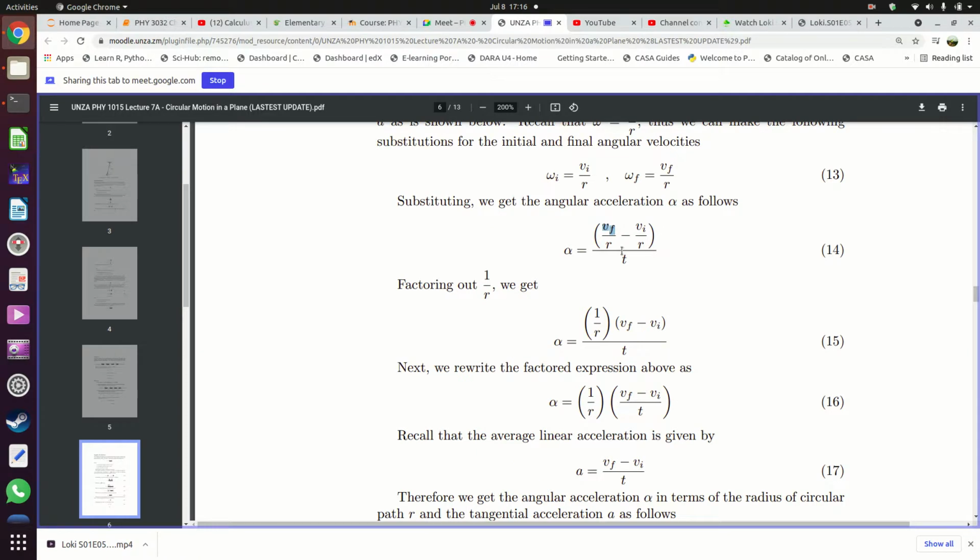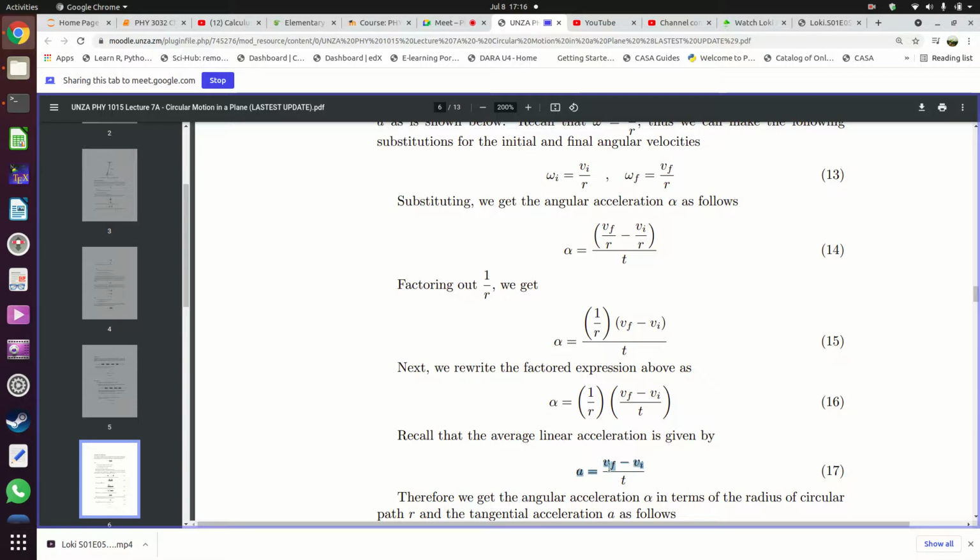Next, we can factor out 1 over r. In brackets, you end up with vf minus vi, and the whole thing divided by t. So we remain with vf minus vi divided by t, your final velocity minus initial velocity divided by time. But that is just your acceleration a.